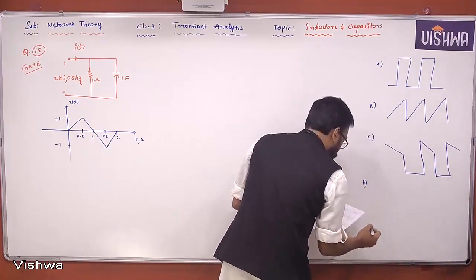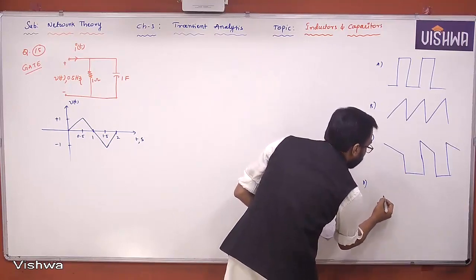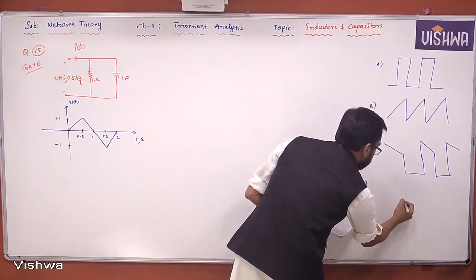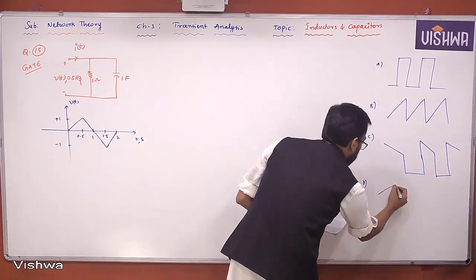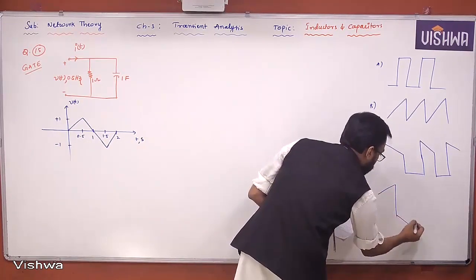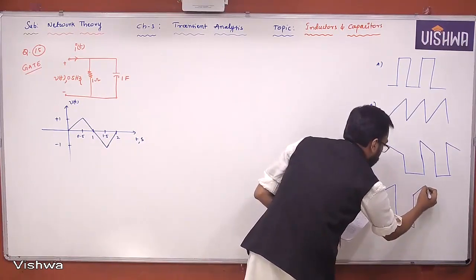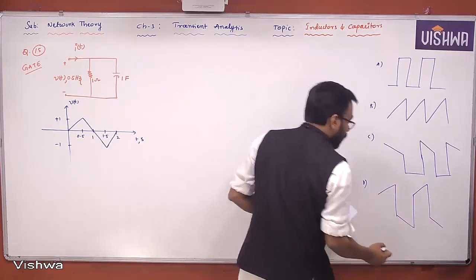It looks the same, but the only thing is this one is decreasing and option D is increasing. Something like this.